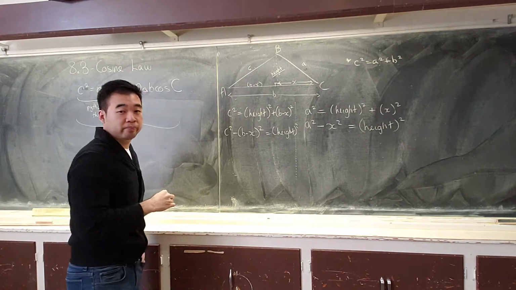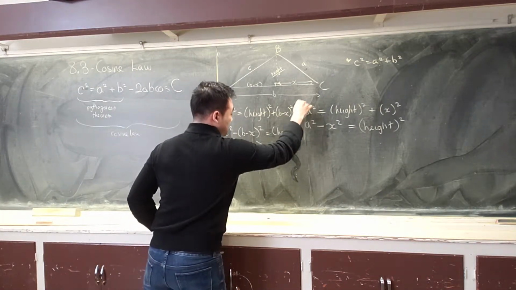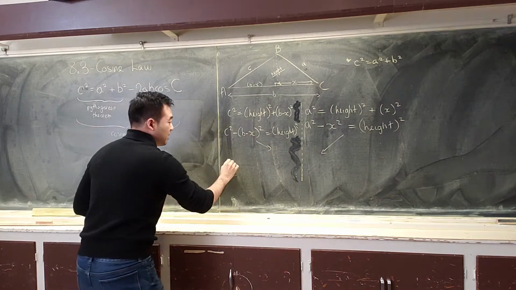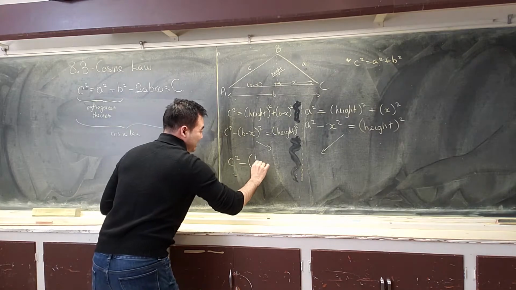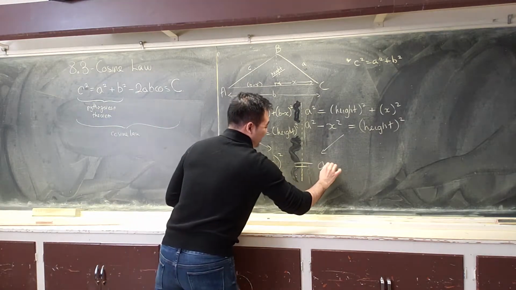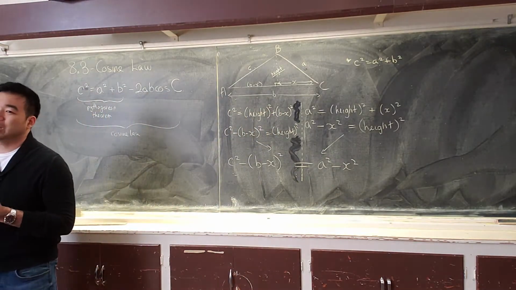Now you can do like the c squared minus b minus x squared. Just like before, sorry my dotted line is not quite the same. These two together, we are going to make c squared minus b minus x squared equal to a squared minus x squared. Now that is not pretty. So how about we simplify?